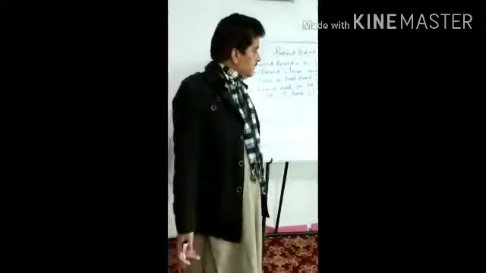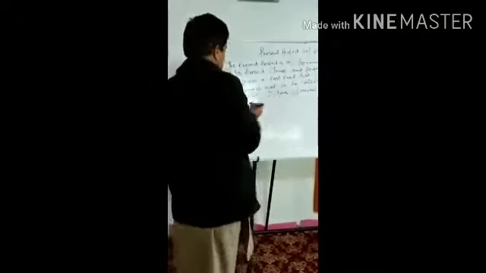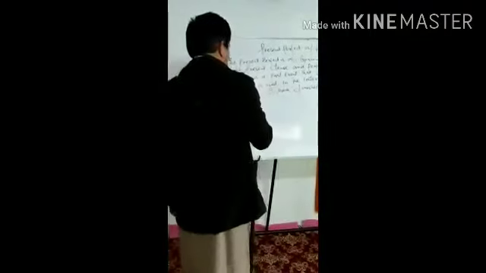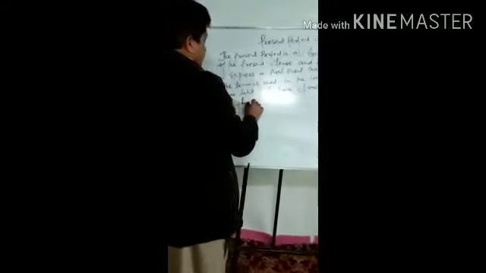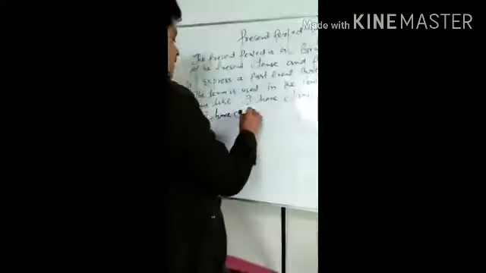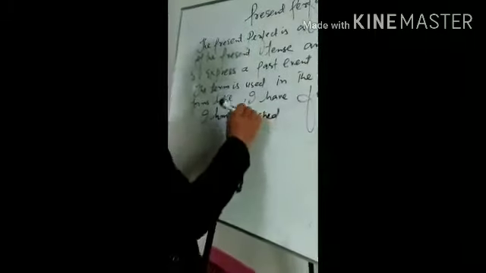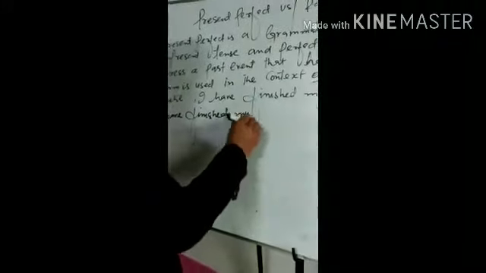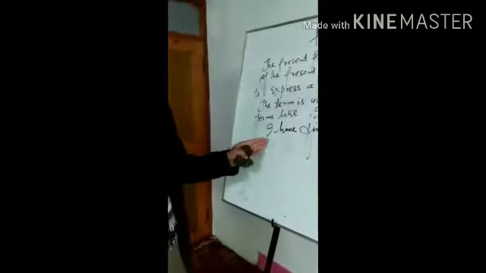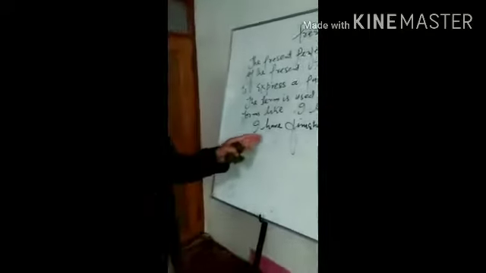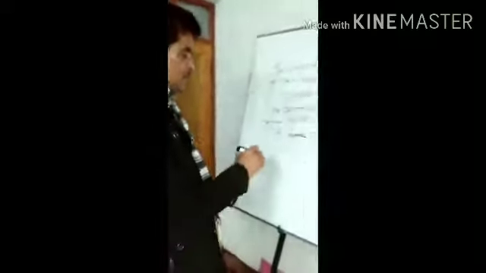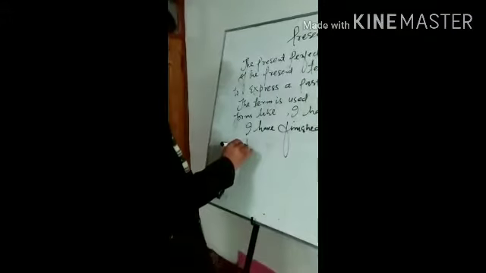Now, as I have written a sentence here: I have finished my work. Let us see this sentence and try to understand it. As I have written here, this is the pronoun.